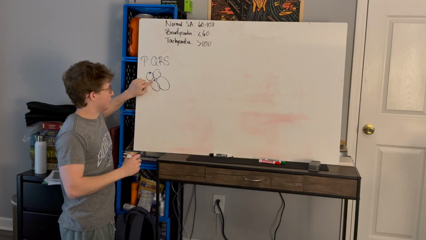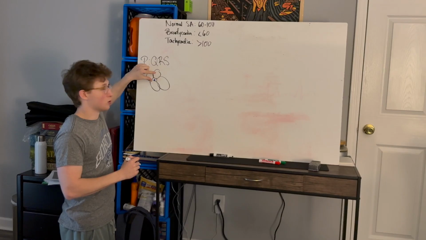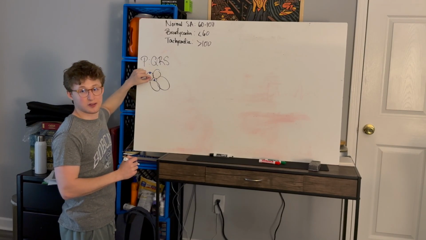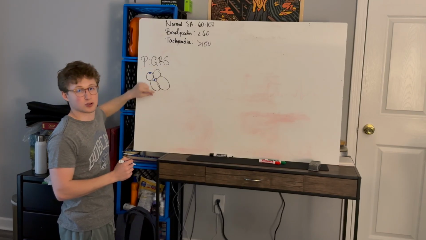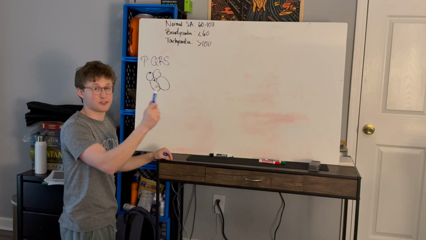SA node, AV node. Every time that SA node fires, it depolarizes the atria. Then it gets to the AV node, it holds it. The AV node then fires, sending it to the ventricles. Therefore, a P wave should be followed by a QRS every time.